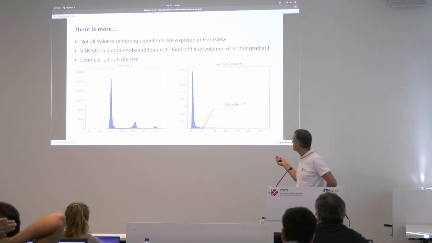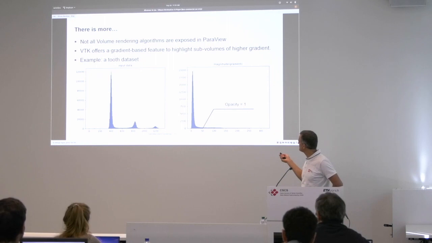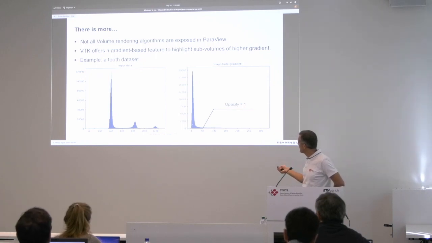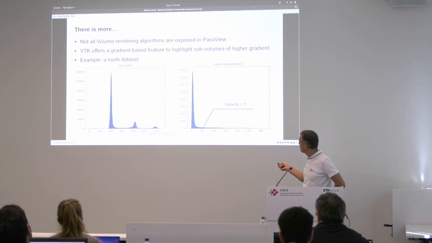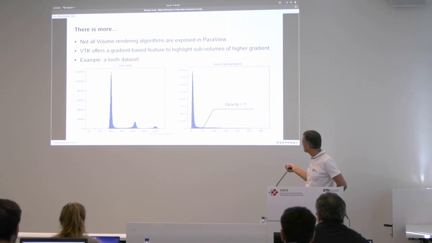Further, if I look at the magnitude of the gradient, I see a high peak here with the low gradient, and then I see a gradient that goes all the way to about 150.